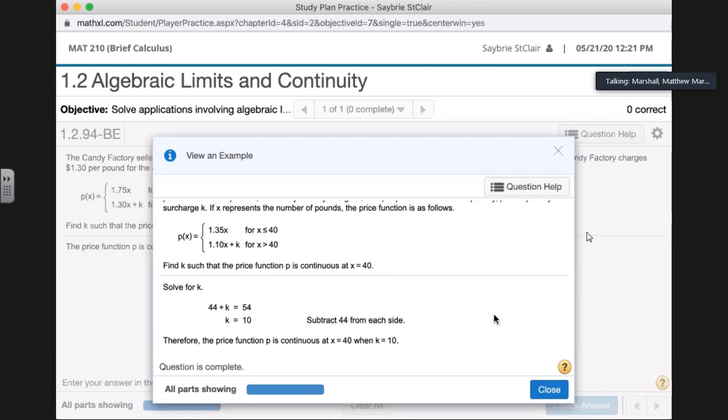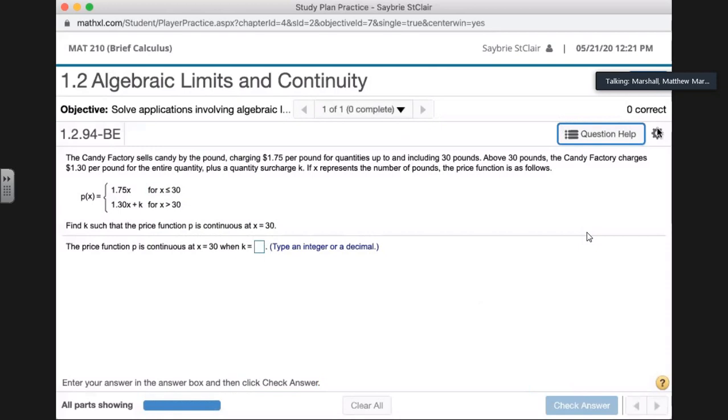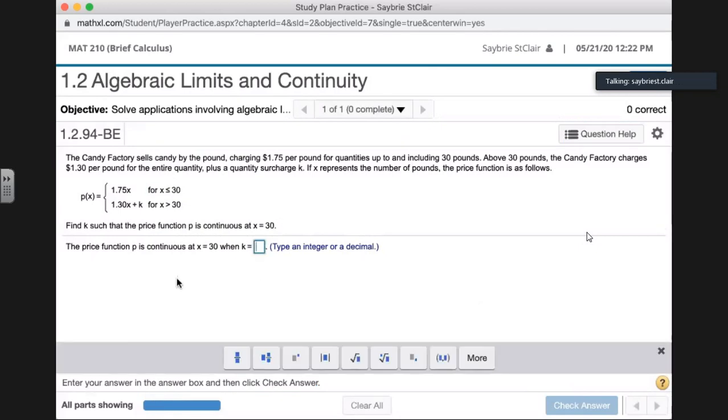All right, you want to try a quiz again? Maybe they'll give us a better set of numbers. Okay, so 1 points. Perfect. So 1.75 times 30 gives you 52. It's just the numbers that they gave us.